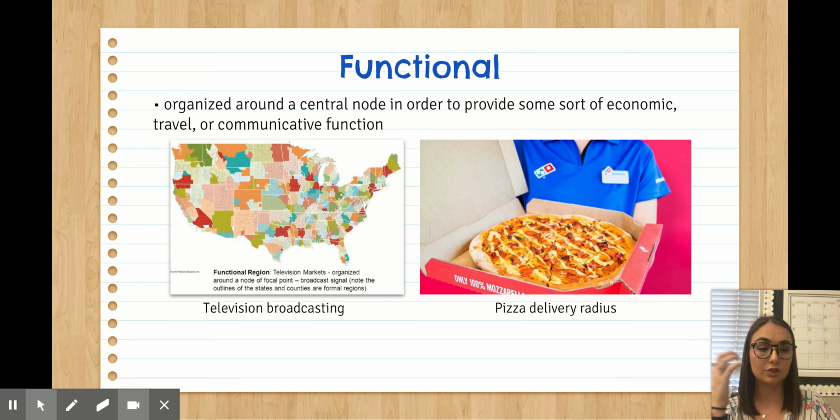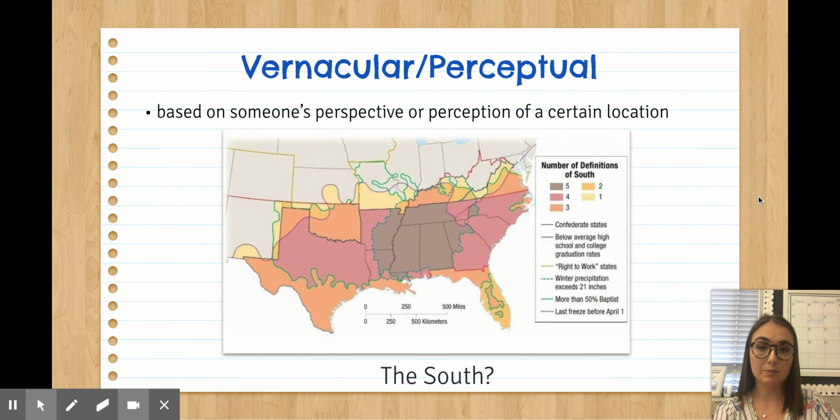That's a functional region. And so those can be a little bit more difficult to identify, but they are going to be a little bit easier to identify than our last type of region, vernacular and perceptual regions.